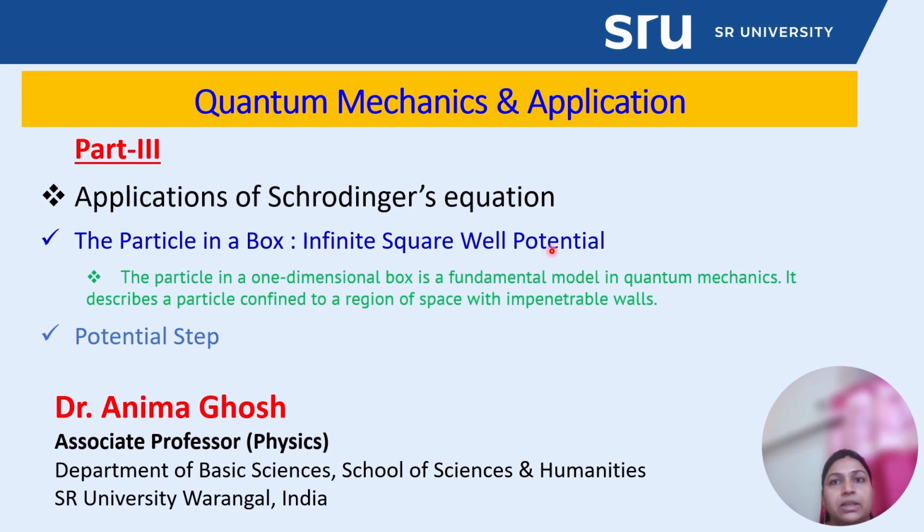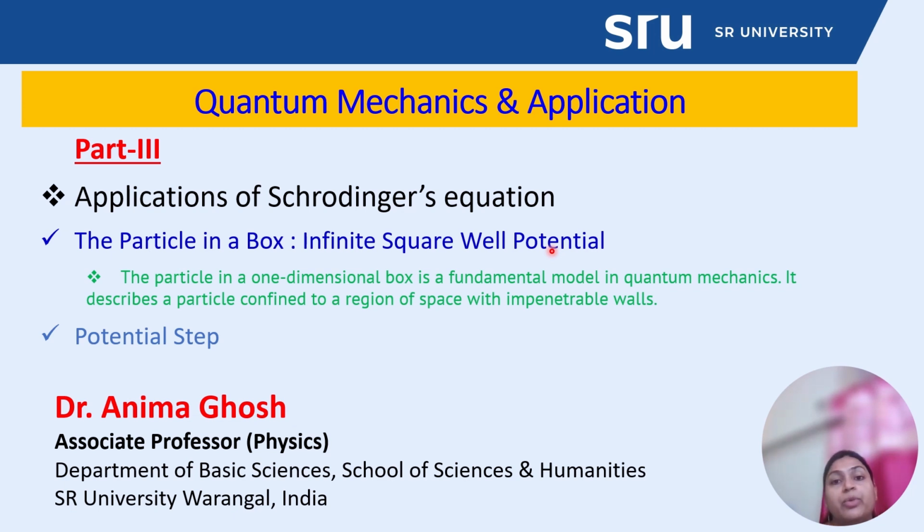Outside this region, the potential energy is infinite, meaning the particle cannot exist there. Inside, the potential is zero and the particle is free to move around the box. Although highly idealized, this model provides deep insight into the quantum world.